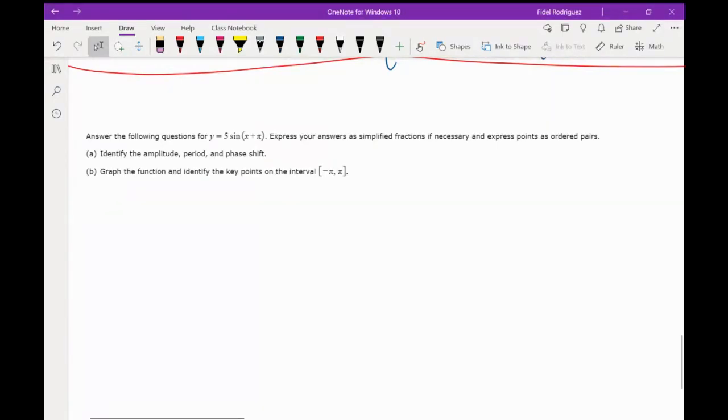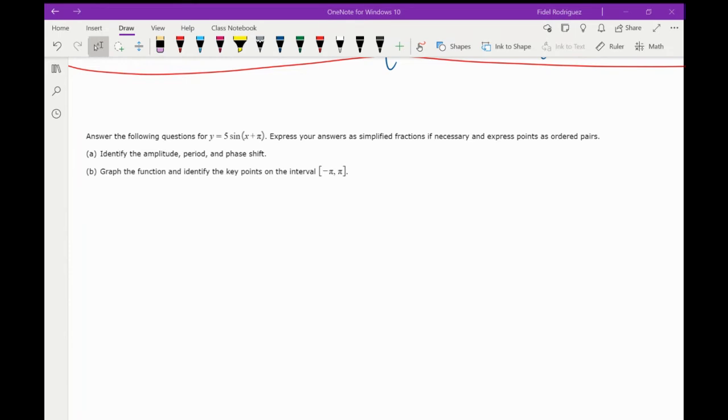Let me come back over here, and I'm going to do this from my perspective because I've got a folder where I'm putting all my notes for chapter 4. This is when we did graphs of sines and cosines.